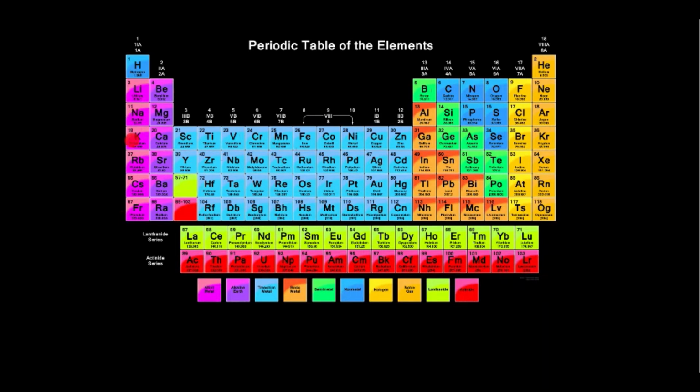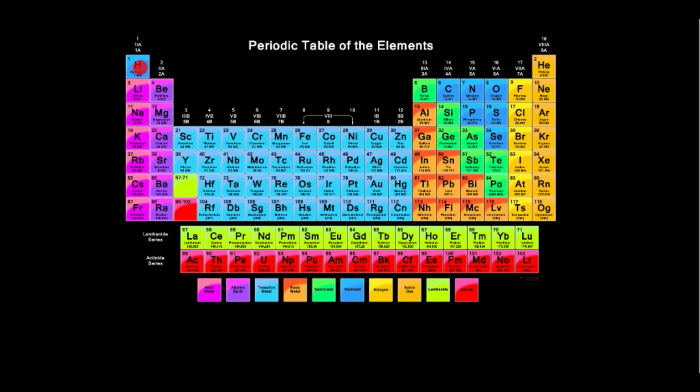What are normal elements? Usually these elements have fixed valencies, while transition elements have variable valencies.